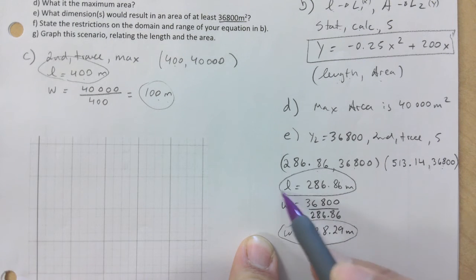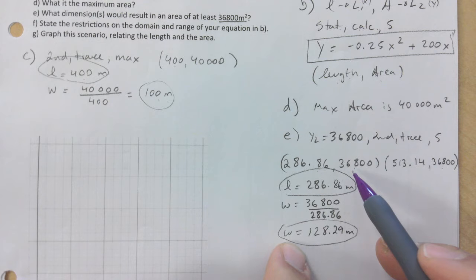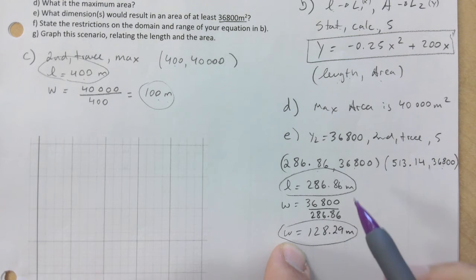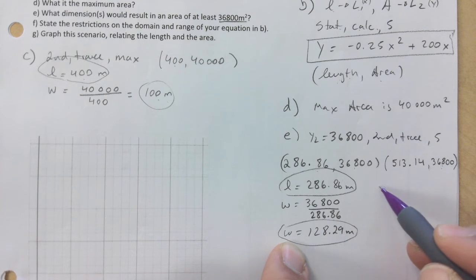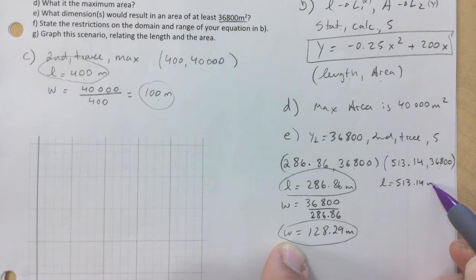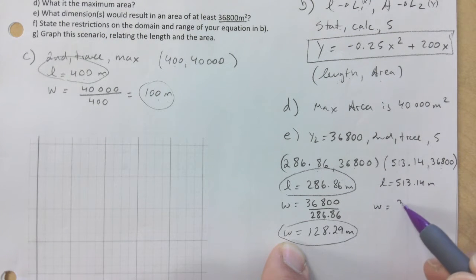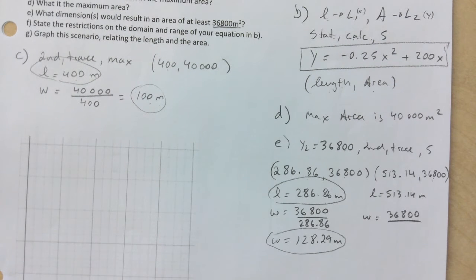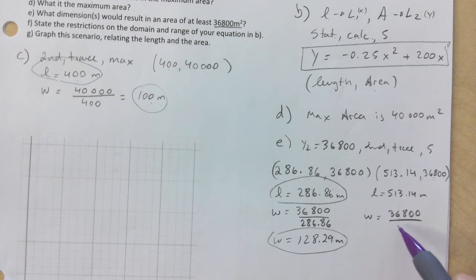So there's this combo. These dimensions would give you at least 36,800. And then here you get length is 513.14 meters. My width would be 36,800 divided by 513.14.